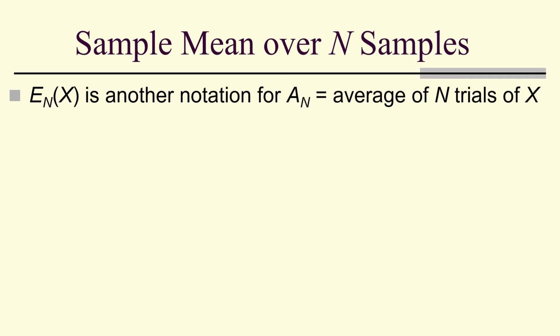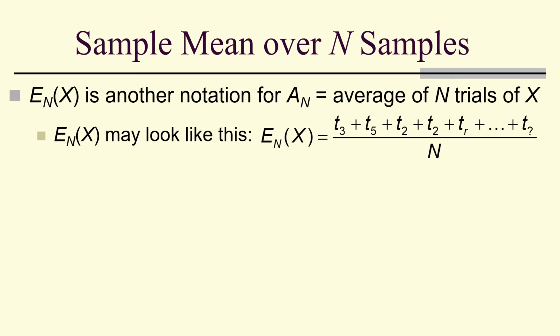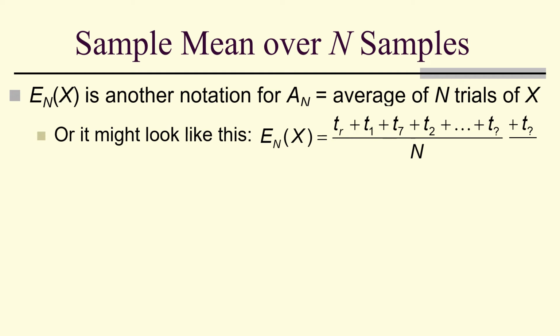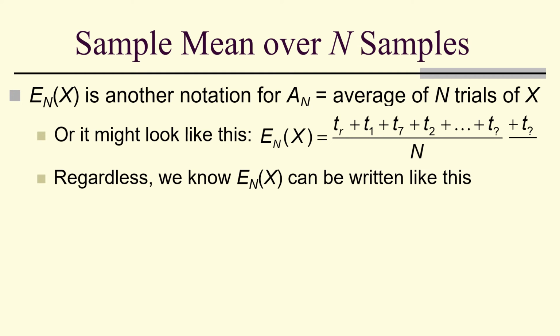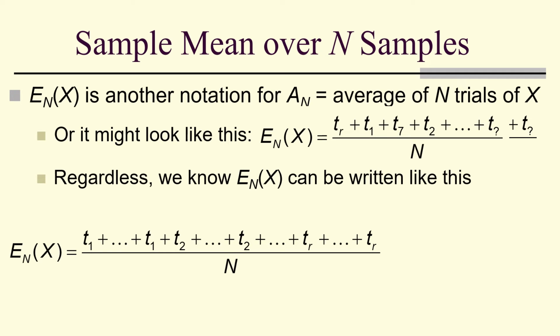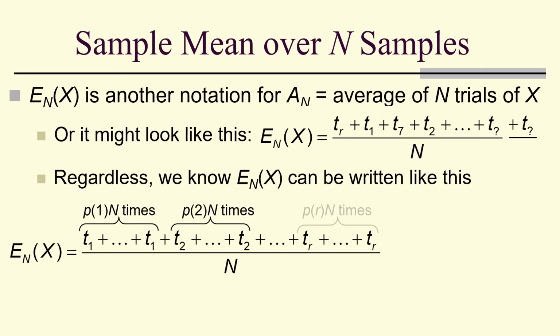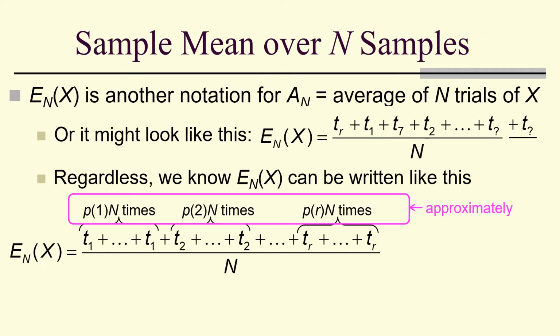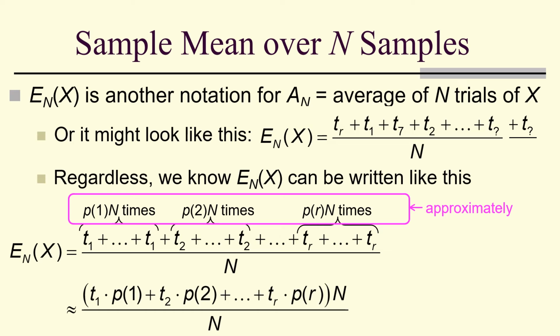So if En of X is another notation for the average over n trials of X, then it may look like this or like this, but regardless, we know we can rearrange it so that it looks like all the t1s first, all the t2s second. Well, there are about p1 n times that we get a t1, and p2 n times we get a t2, and so forth.